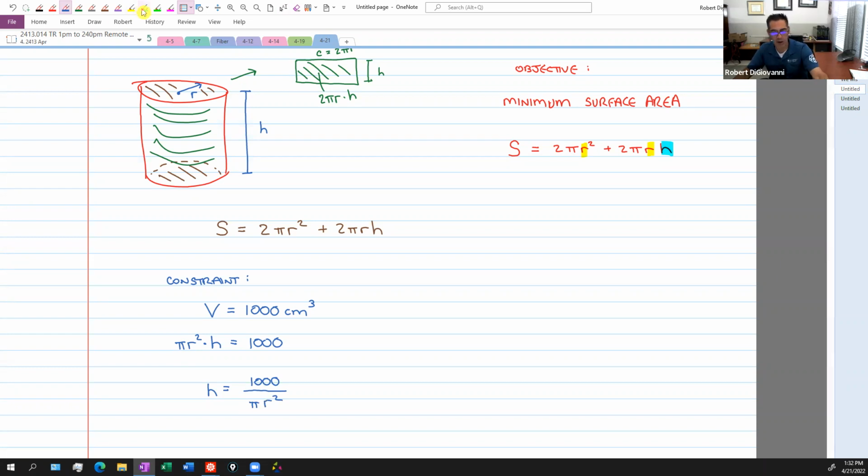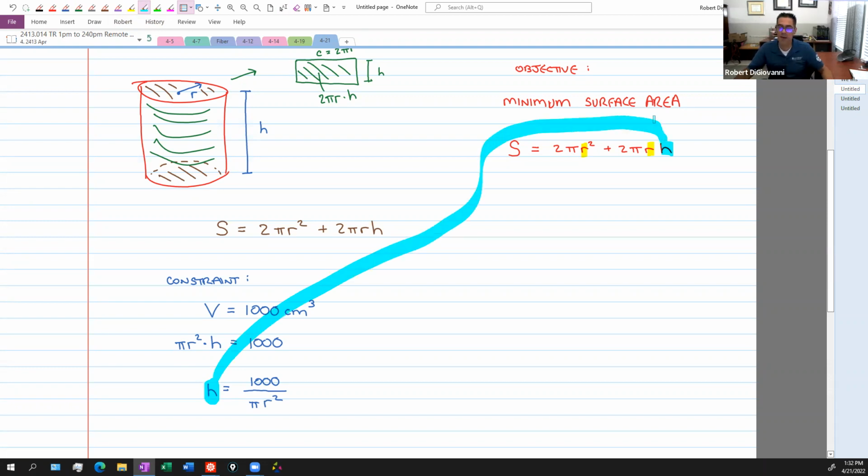Now I have an equation for h. I can come back up here and replace that h right there with that expression. So my surface area is 2 pi r squared plus 2 pi r times 1,000 over pi r squared.